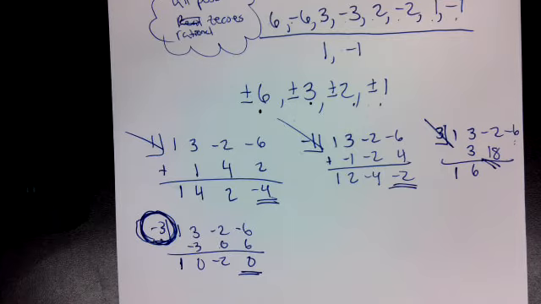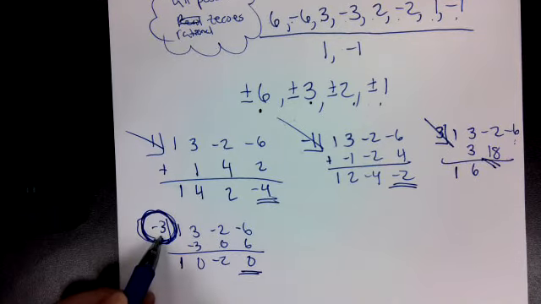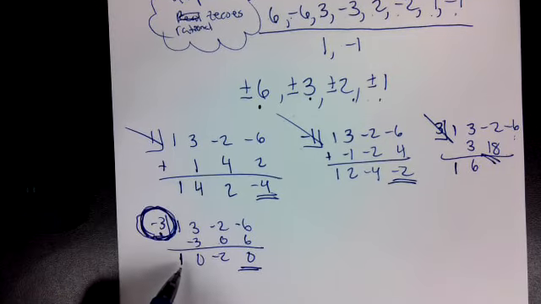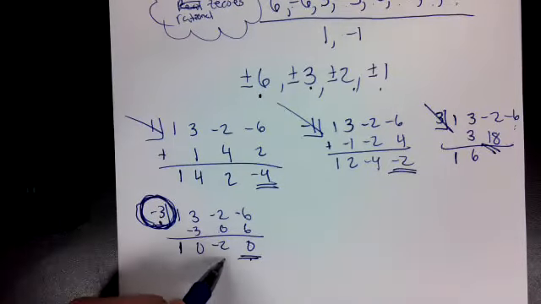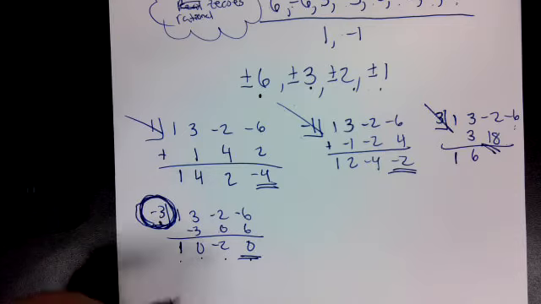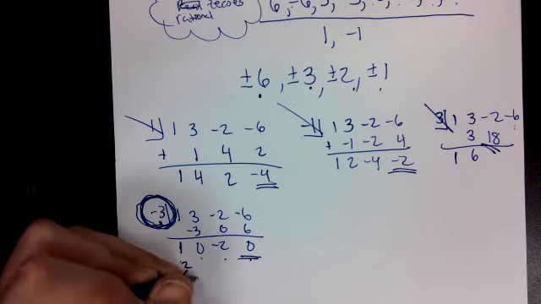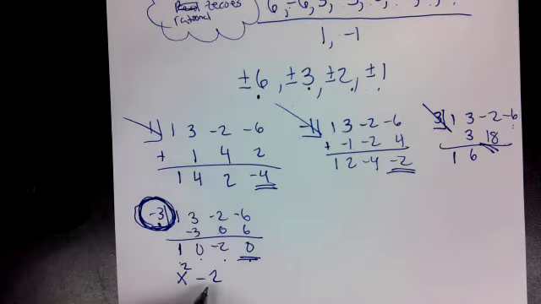Now, the good news is once I have that one, while I could keep guessing, it's actually going to be easier to solve for the remaining 2. So if negative 3 is a zero, and if I did my synthetic division, okay, remainder here, constant, x, x squared, okay, this is my remaining answer.